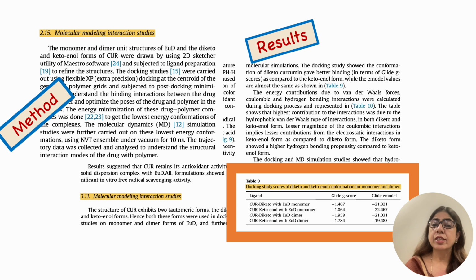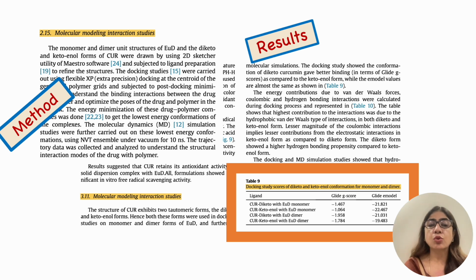As we know, curcumin can exist in two forms, diketo or keto-enol, and Eudragit may be present as either a monomer or a dimer. Therefore, considering these possibilities, in this study the docking was conducted using all these combinations.